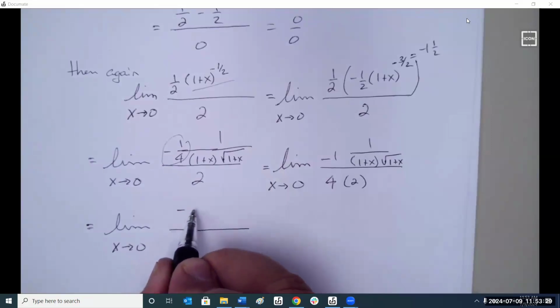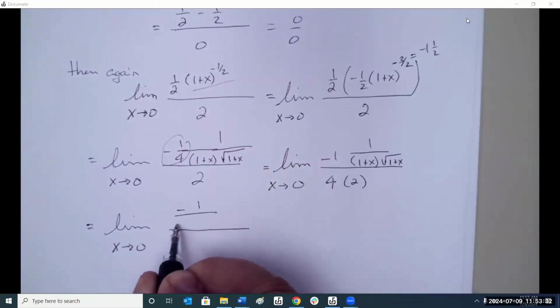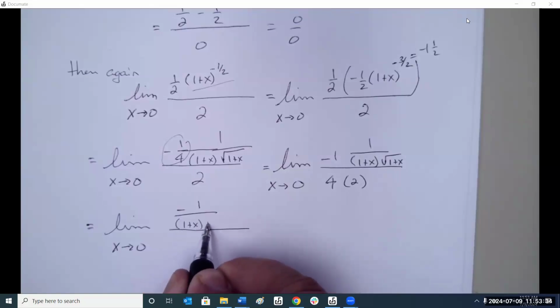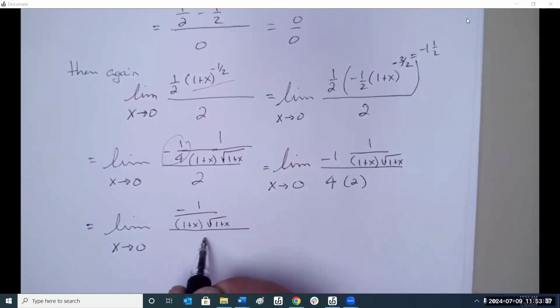So we got negative 1 over 1 plus x square root of 1 plus x, over 8.